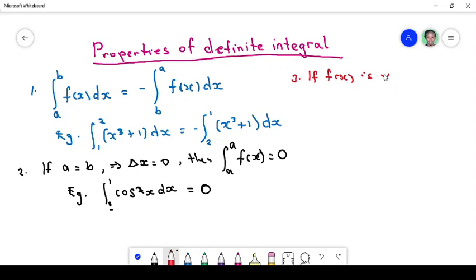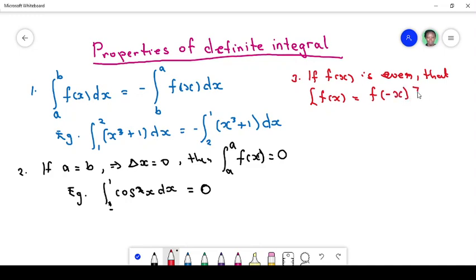I hope we haven't forgotten our even function. Then the integral from minus a to a of f of x, because it's an even function, means I have 2 times the integral from what? 0 to a of f of x dx.